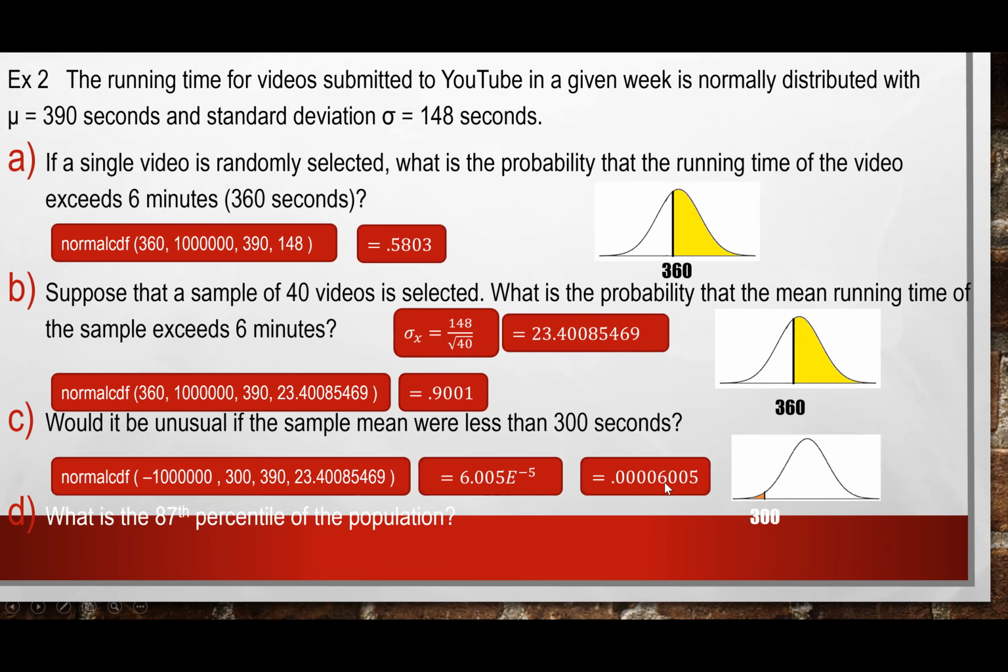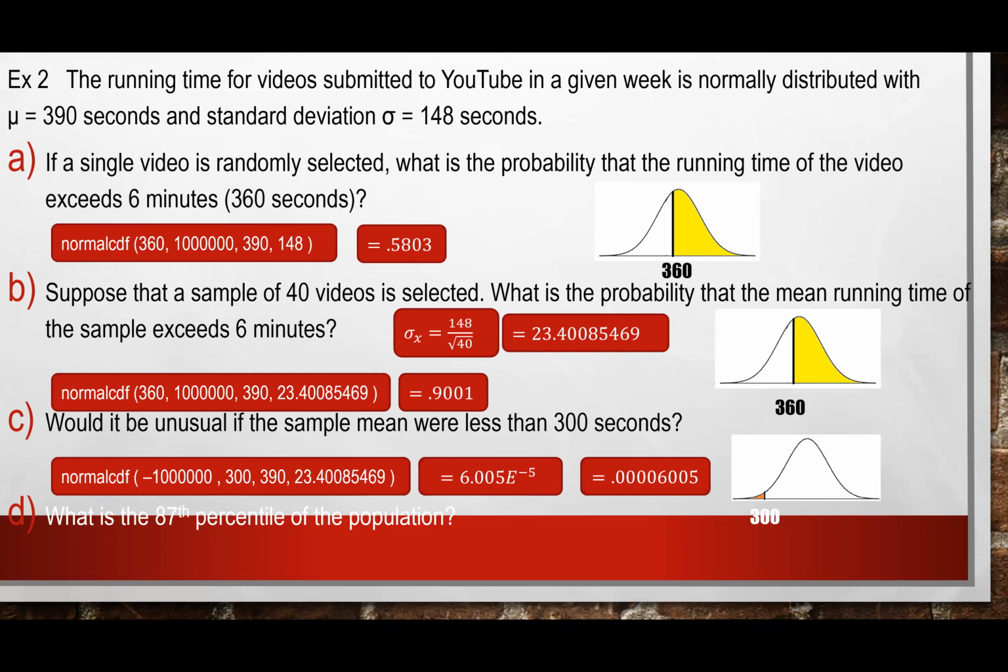The decimal place here, I move 1, 2, 3, 4, 5. So this is 0.00006, meaning this is way smaller than the cutoff of 0.05. And because it's smaller than 0.05, we will say that it is unusual. Okay, this is very unusual.